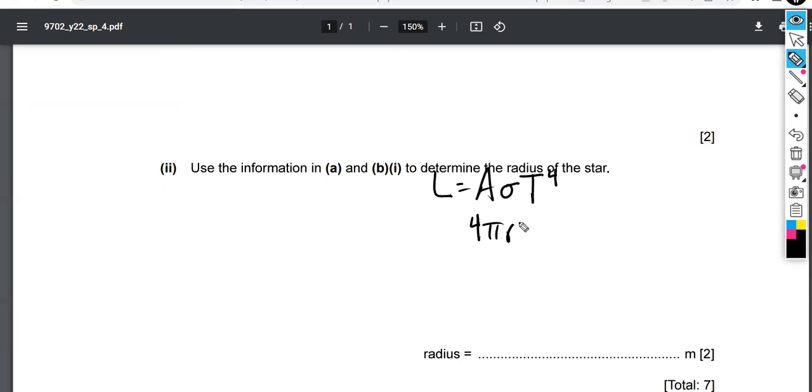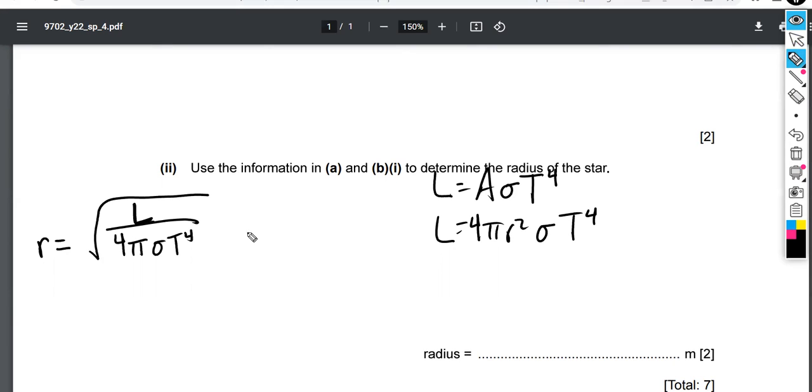So 4 pi r squared is the area, Stefan Boltzmann constant, temperature to the 4th power equals the luminosity. Likewise, as we did in the other calculation, we're going to isolate r, the radius. So that's going to be L over 4 pi sigma T to the 4th, and then we take the square root of all of that.